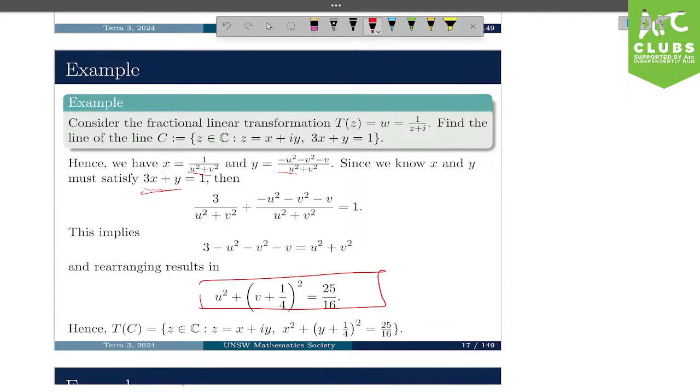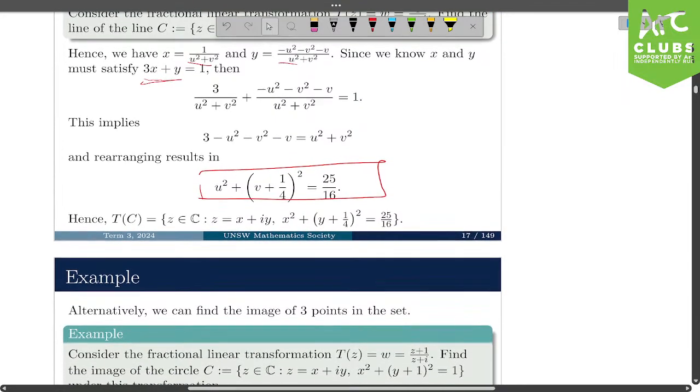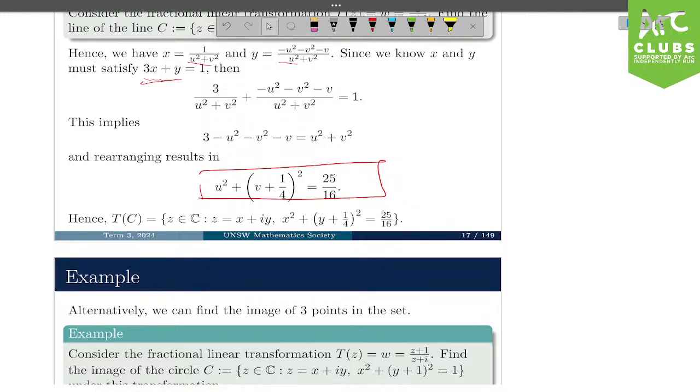You can just bash it out, which is a way that always works, and I think that's very important. If you're stuck, if you don't really know how to approach this, you can always just bash it out. However, one other way is, remember from before, every circle or line always maps to a circle or a line. So if we're finding the image of a circle or a line, we just have to find 3 points.